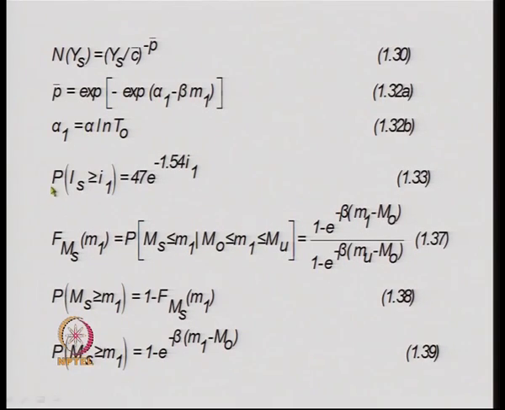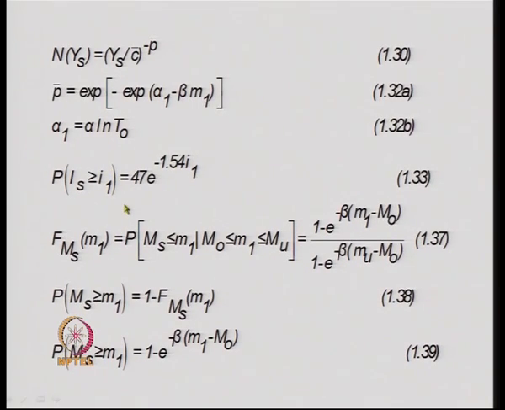This equation shows the probability of exceedance of the intensity of an earthquake. The probability of exceedance of an intensity of earthquake for a level small I1 is given by an equation like this.